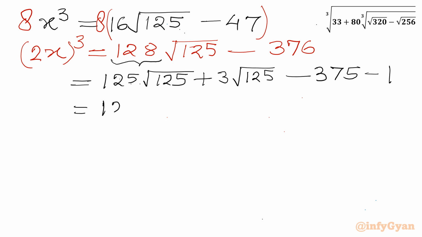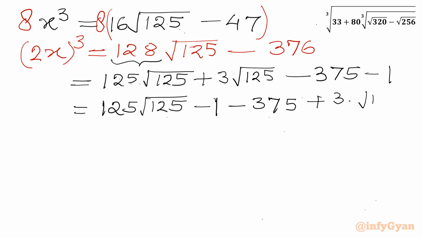Let us rearrange the numbers. 125 root 125. Then we can write minus 1. Then minus 375. And then plus 3 times square root 125. 125 root 125 is root 125 whole cube.